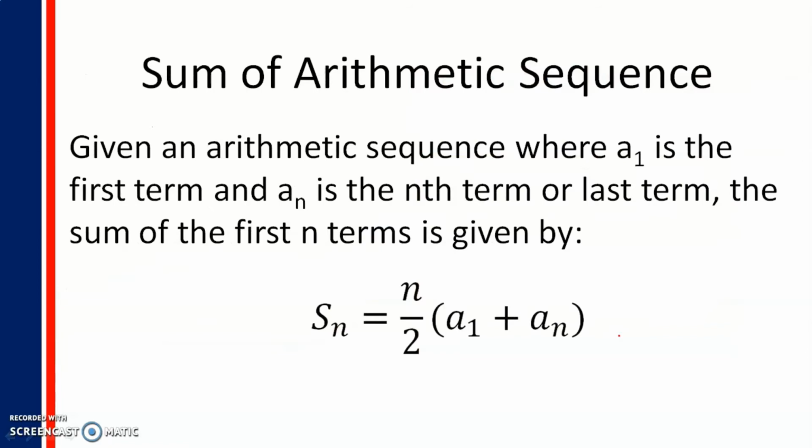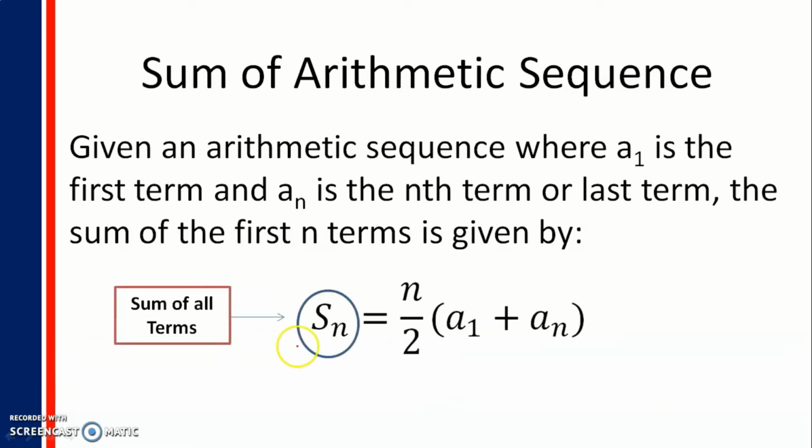You now have the sum of arithmetic sequence formula, wherein S sub n denotes the sum of all terms. If we add all those terms, this is what we will get. Of course, a sub 1 is our first term, which in our case is 20.